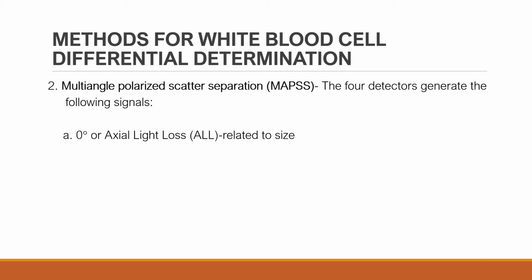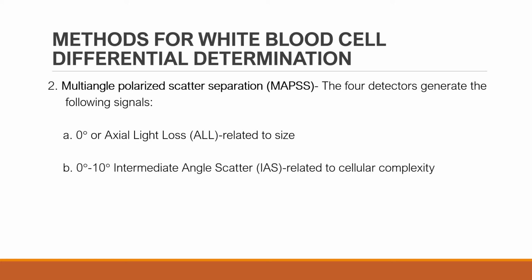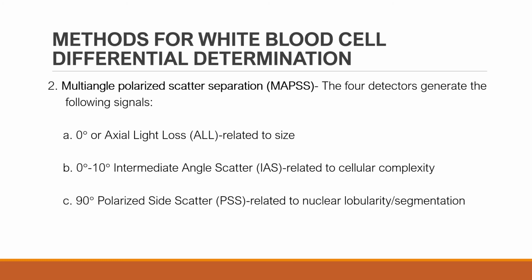First, we have the 0-degree or axial light loss, which is related to the WBC size, followed by the 0-degree to 10 degrees intermediate angle scatter related to the cellular complexity of the cell. Then we have the 90 degrees polarized side scatter related to the nuclear lobularity or segmentation of the WBC.